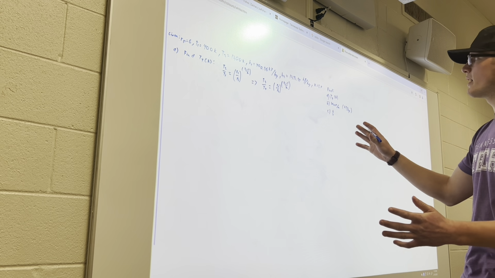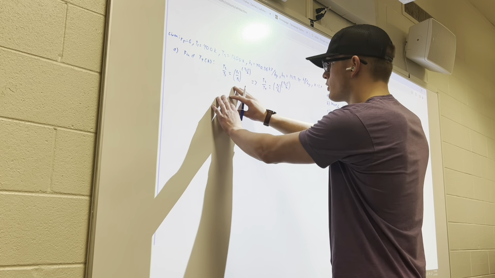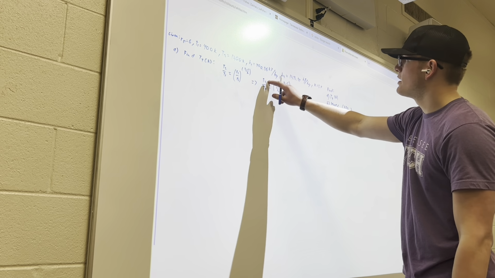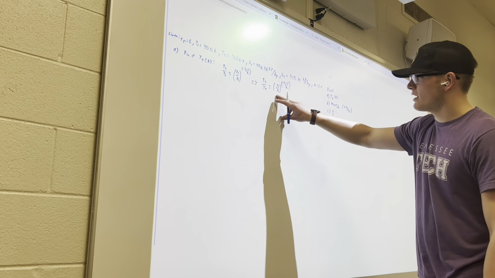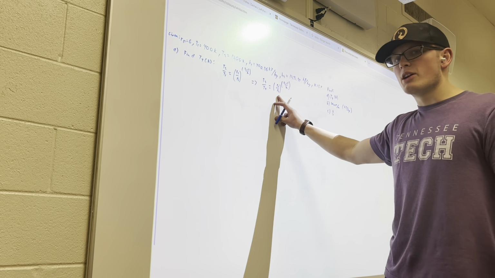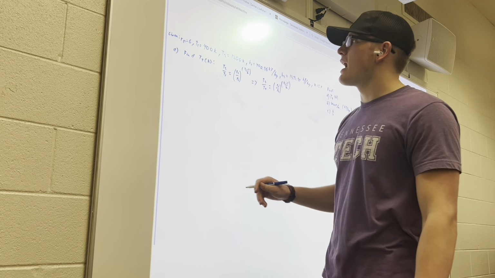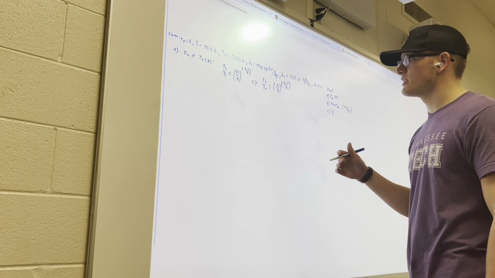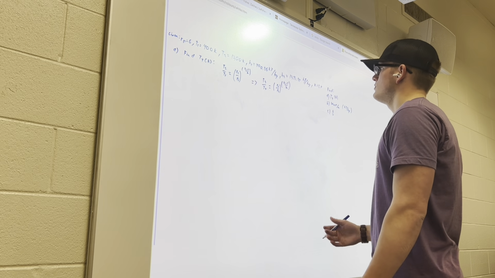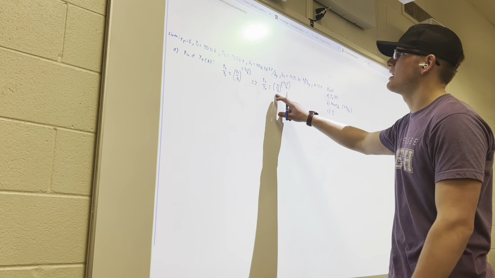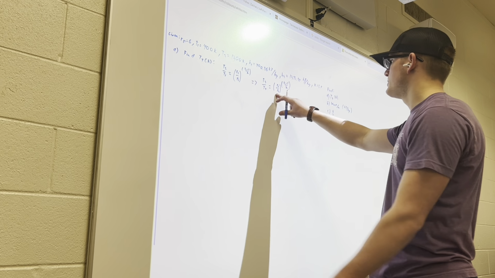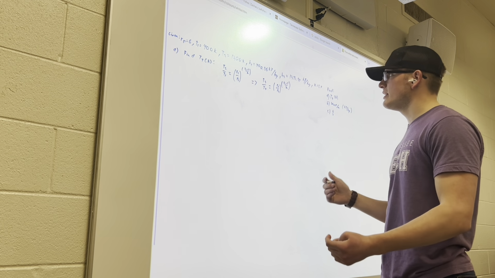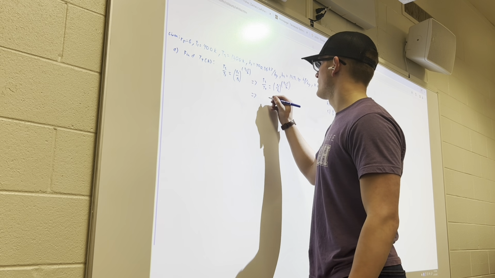Pretty cool, right? We just figured out how to change this formula and apply it to what we want to know. You might be saying we don't know P3 over P4, but we do. That is our pressure ratio for our system across our turbine and across our compressor, which is equal to RP. We know what K is, we know what T3 is. Now all we need to do is solve the system for T4.